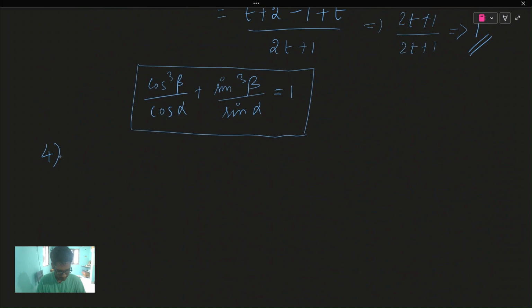Let's see. Given cosecant 2x, I'm just denoting the short form, cosecant 4x plus cosecant 8x plus cosecant 16x plus cosecant 32x as the LHS.